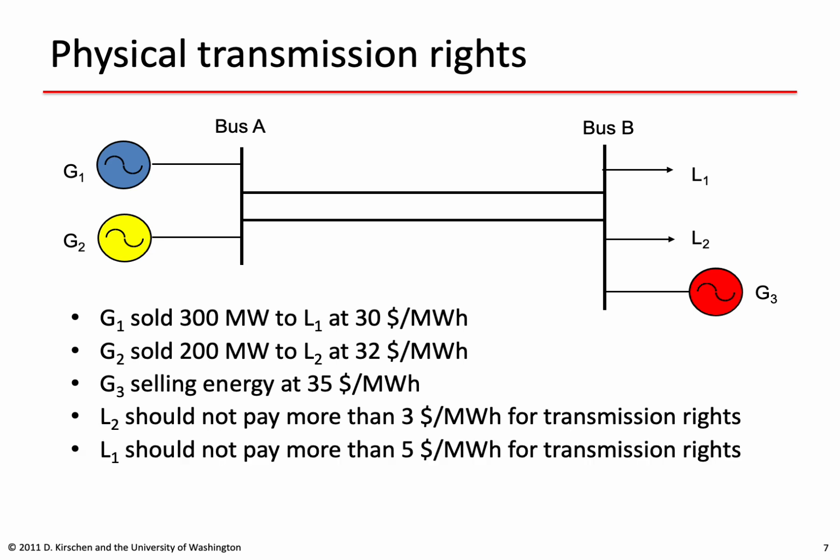Similarly, L1 should not pay more than $5 per megawatt hour for transmission rights, because if you add that to the $30 per megawatt hour that it paid for energy, that would be not as good as buying directly from G3. So this method, in theory, would give us a way of putting a value on the use of the transmission network.